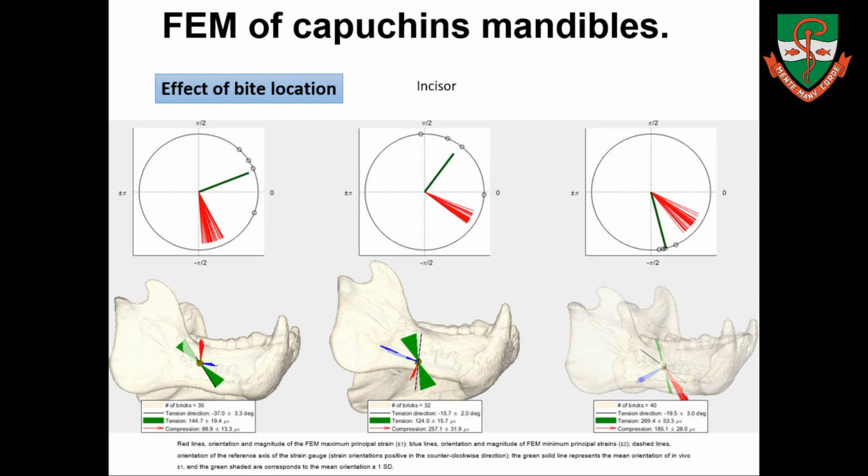When I sent Pepe this result, Pepe sent this result back to me and Callum. And here we can see in these pictures the effect of the bite location on E1 and E2, maximum and minimum strain, right?